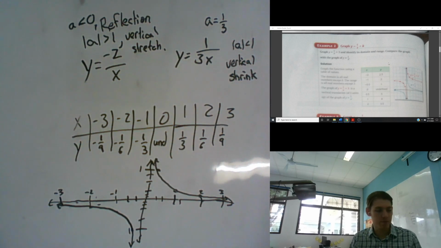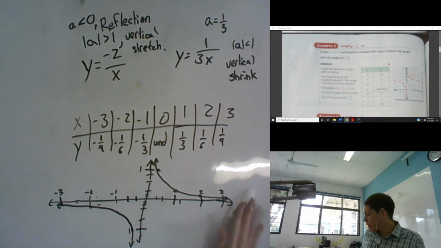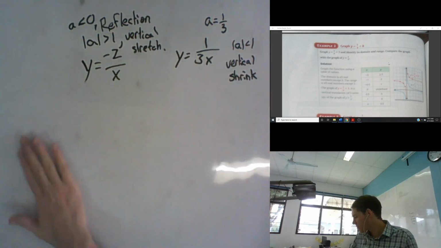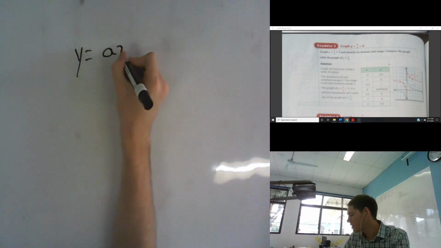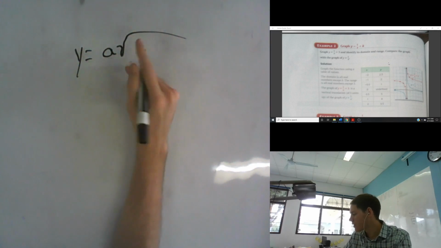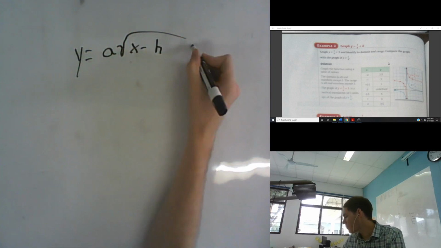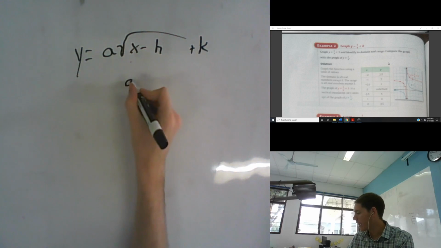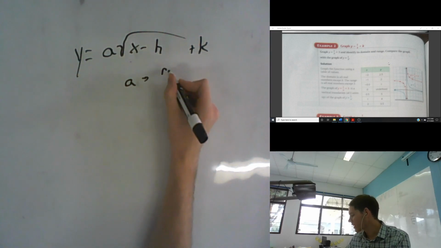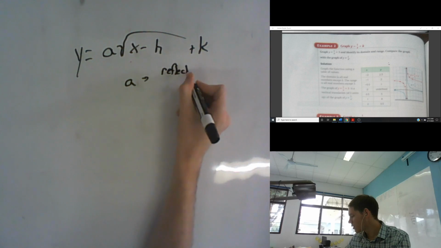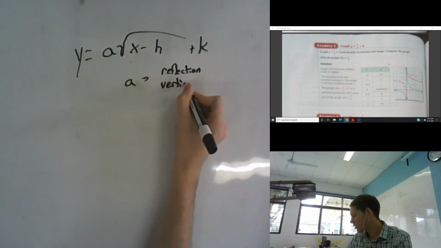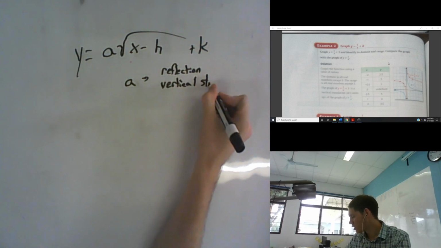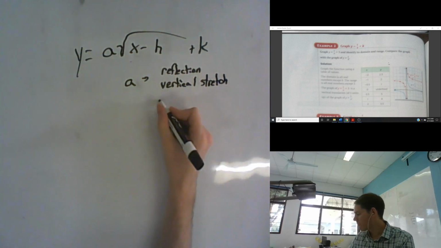Okay, so now if you remember from last section, I'm going to show you what we had before. We had a square root of x minus h plus k. And if you remember, a was either a reflection, vertical stretch, or a vertical shrink.